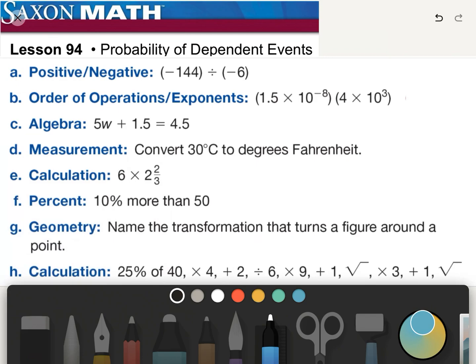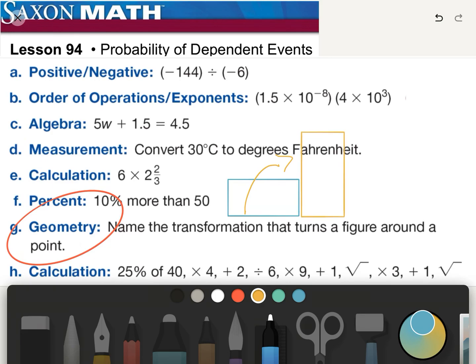Name the transformation that turns a figure, doing geometry, around on a point. So, if you have a figure and you want to rotate it, well, that's it.